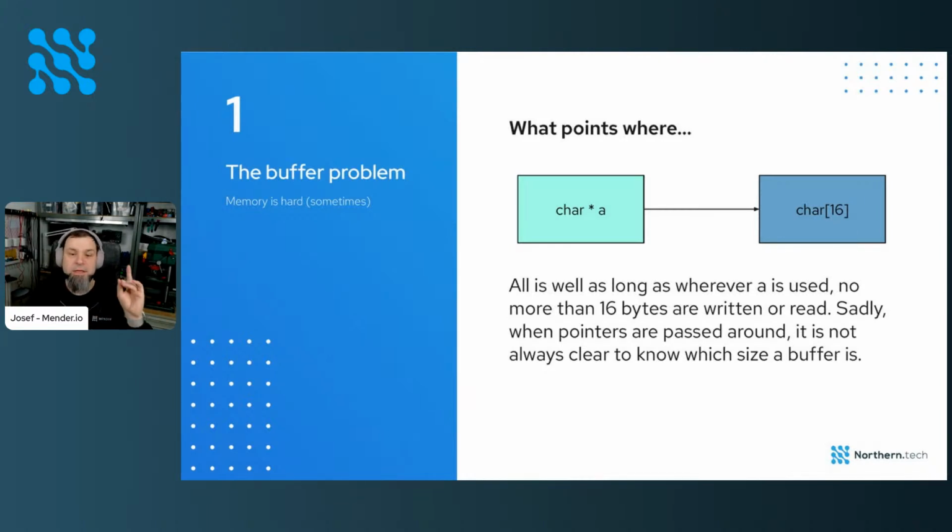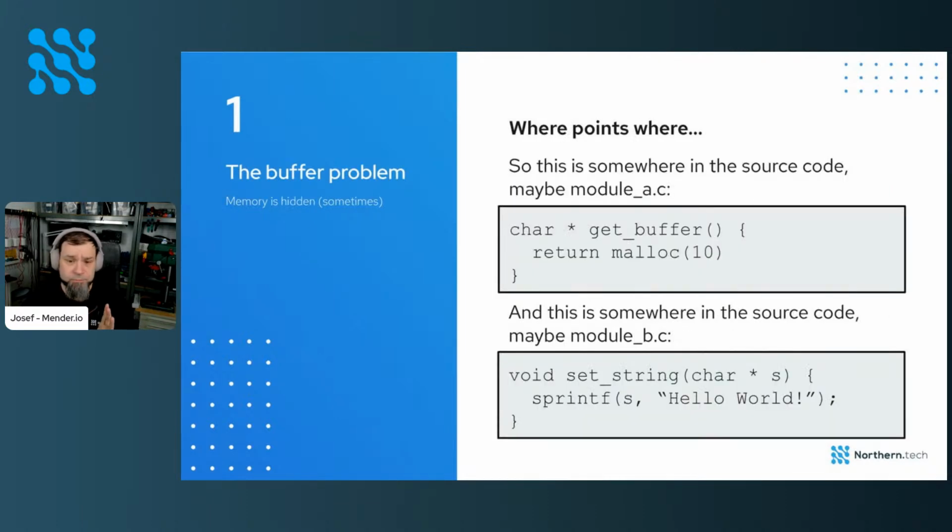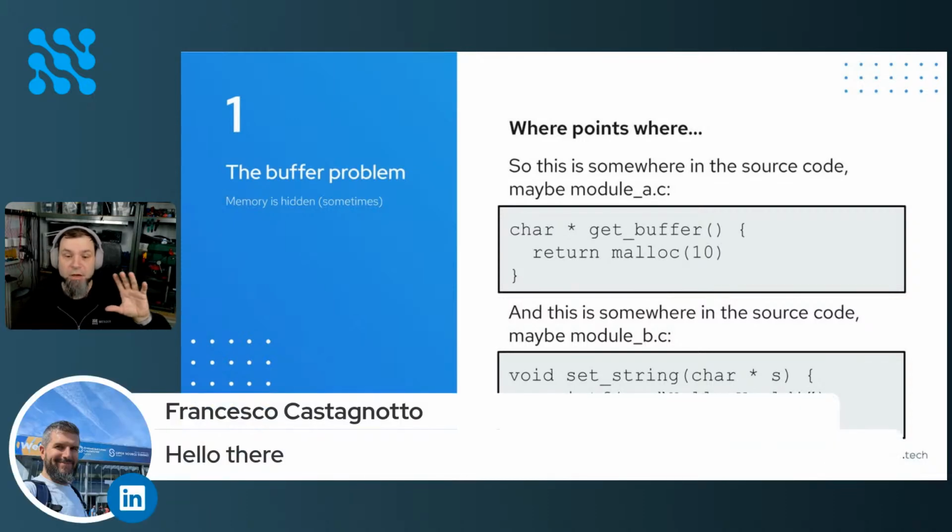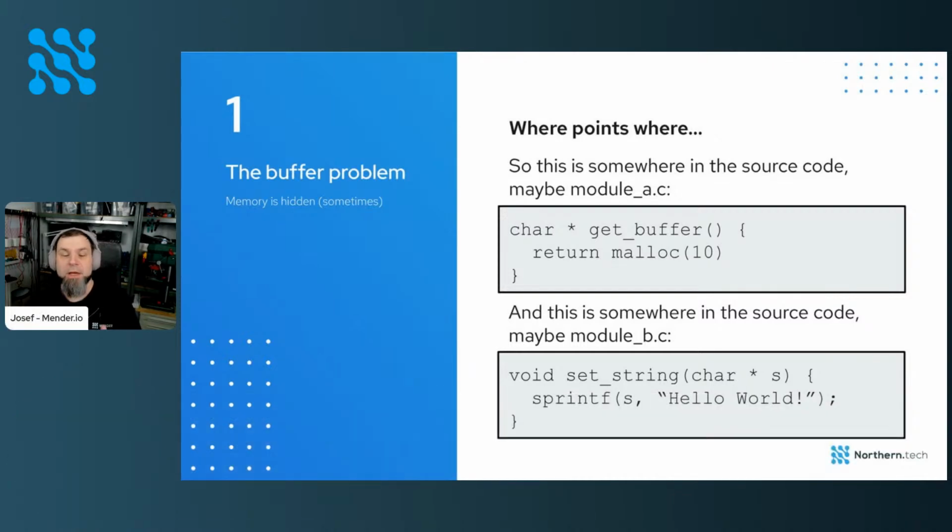The problem is that if you pass those pointers around through the code, at the point where you use them, it's not always clear which size the storage area actually has. This is a very classic problem. At some point in time, maybe during initialization of your application, or after some event like a network packet arrives, you allocate a buffer of a specific size.